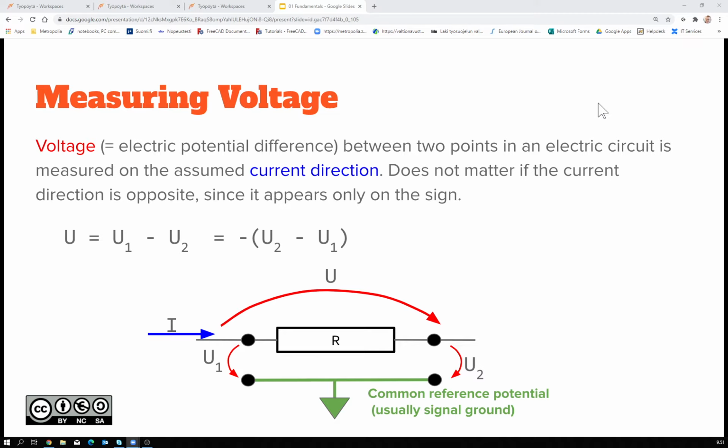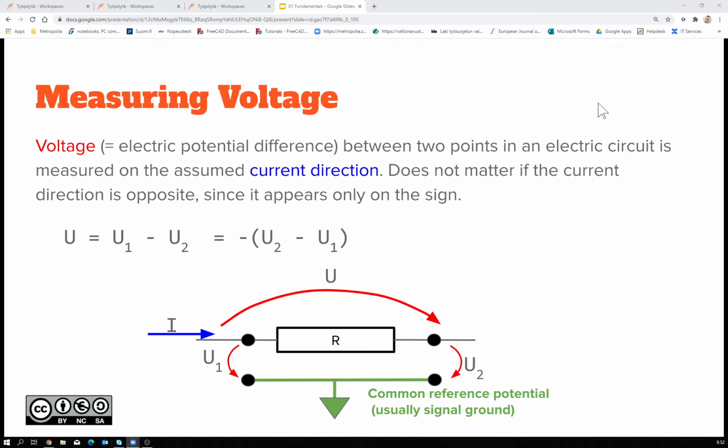This is basically if you know the current direction. For example, if you have a battery which has a positive and negative terminal, then you try to always measure it so that the positive lead is on the higher side.